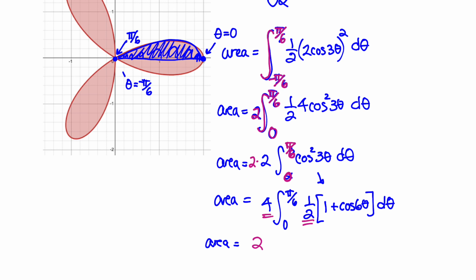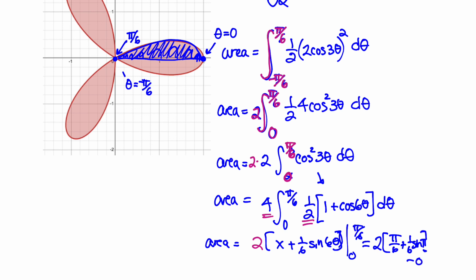And then I'm going to get 2 times x plus 1/6 sine of 6 theta, and you plugged in 0 and pi over 6, and that gives you 2 times pi over 6 plus the 1/6 sine pi. That goes to 0. The other piece goes to 0. Oh yeah, pi over 3. Did anybody else get pi over 3 square units?